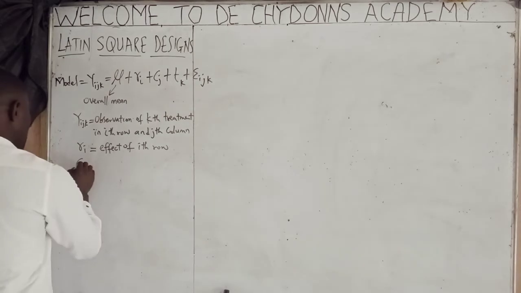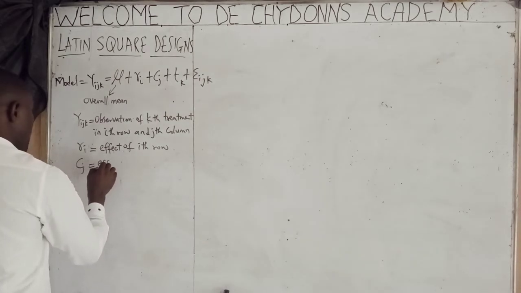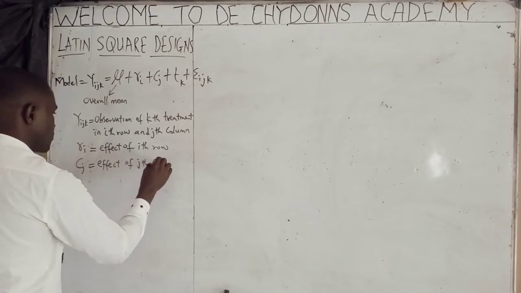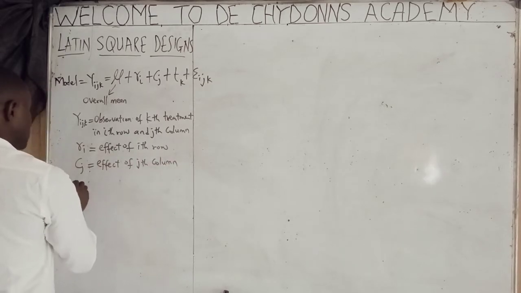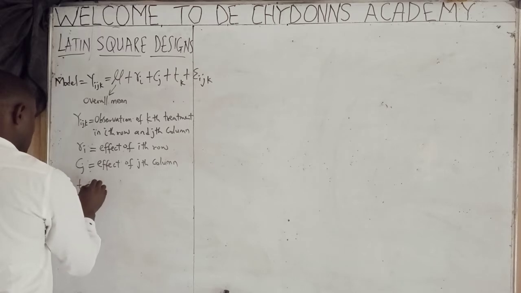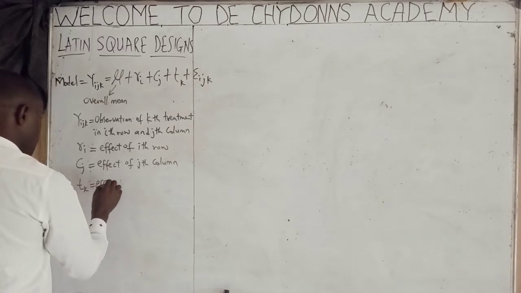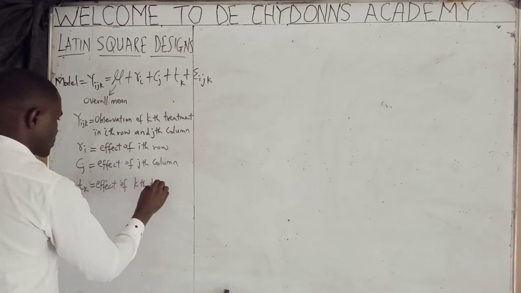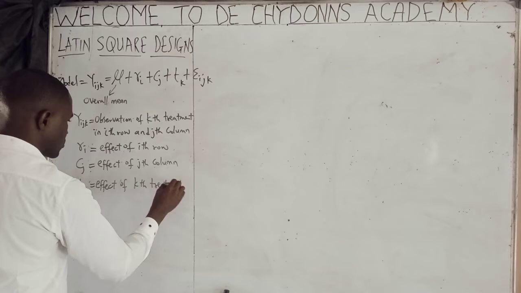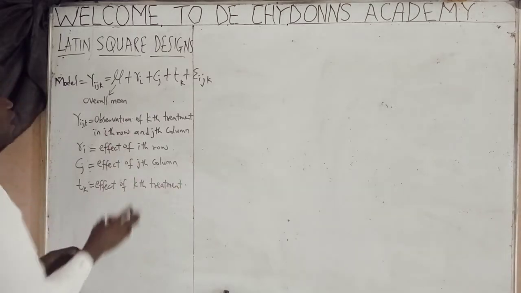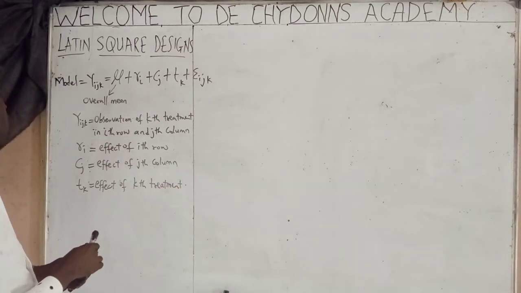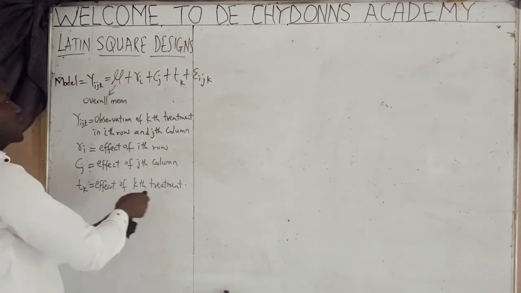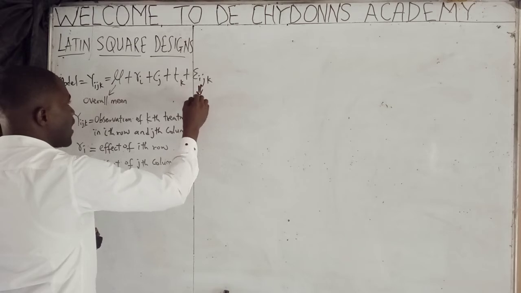Then Cj means effect of jth column. Then Tk means effect of kth treatment. So this is the model of Latin square design. Then this means random error.